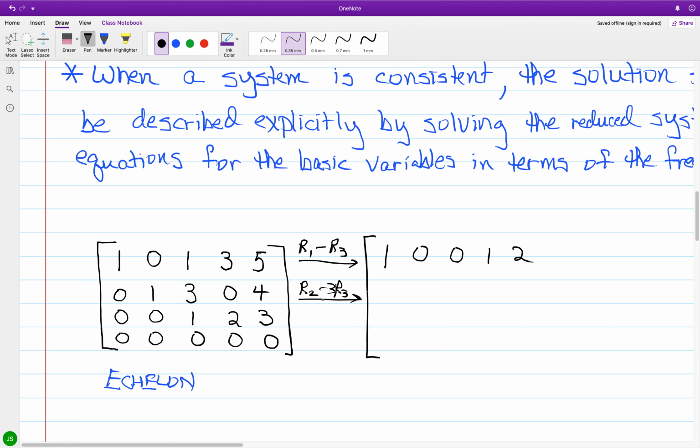Now for R of 2 minus 3 R of 3. So you got 0 minus 0 is 0. 1 minus 3 times 0 is still 1. And we got 3 minus 3 times 1, this will go to 0. And we got 0 minus 3 times 2, so this will be negative 6. And then we have 4 minus 3 times 3, so this will lead up to negative 5.